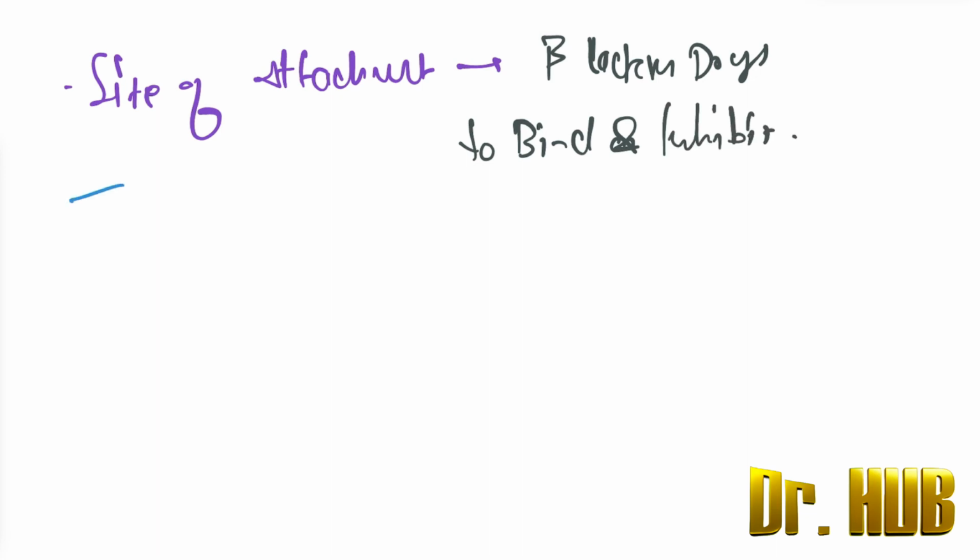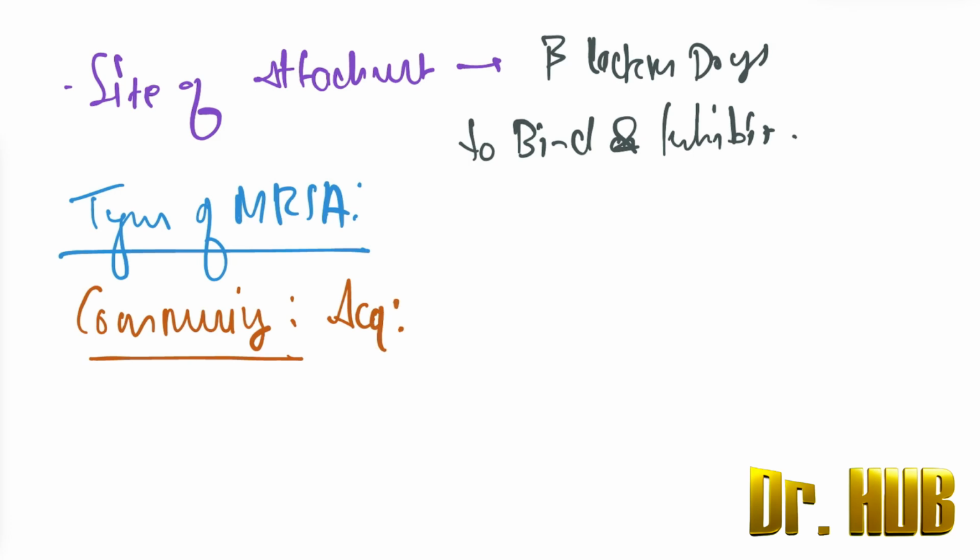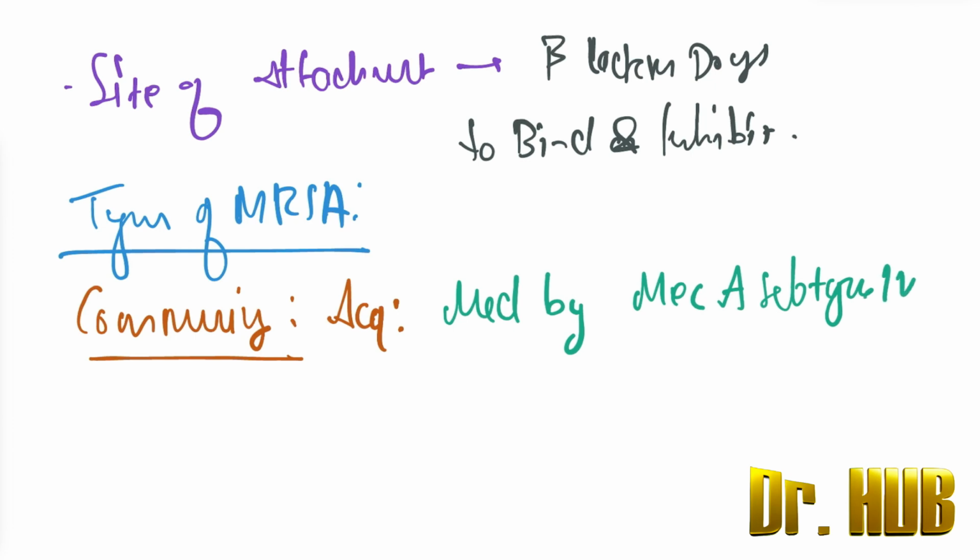Now let's look at the types of MRSA. Under the types, there is the community acquired, which is mediated by the mecA subtype 4.